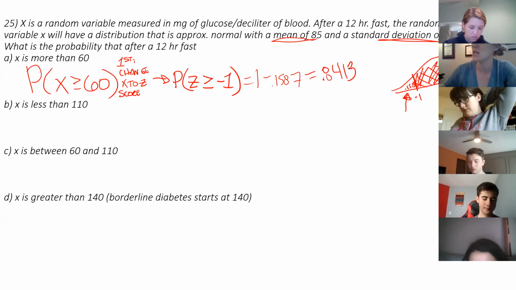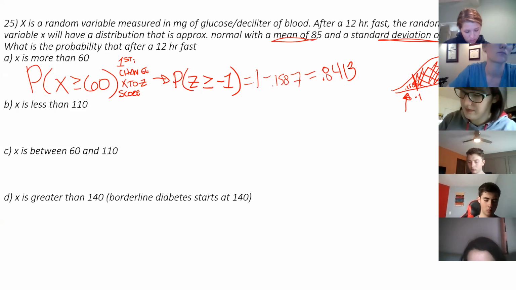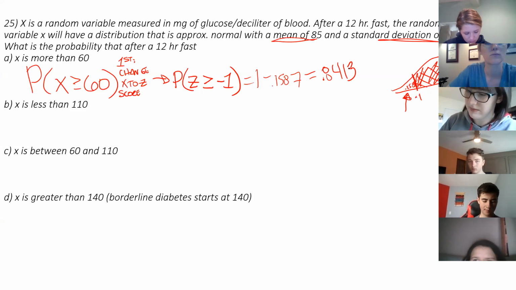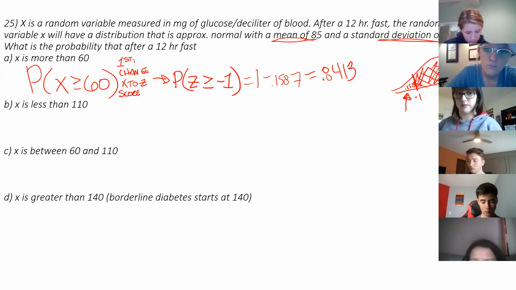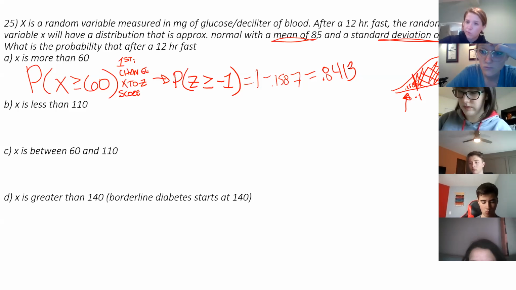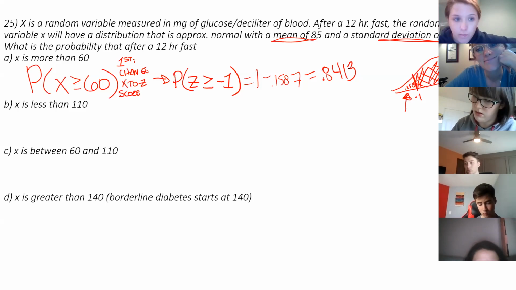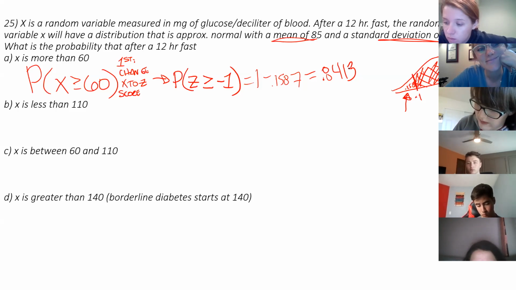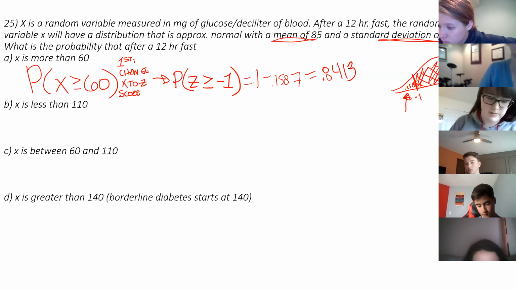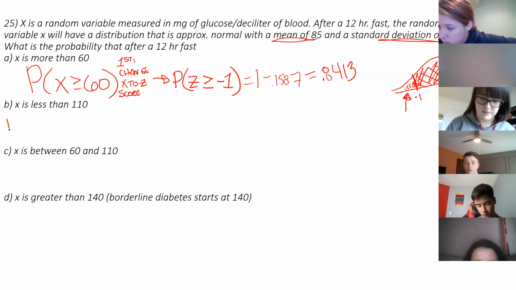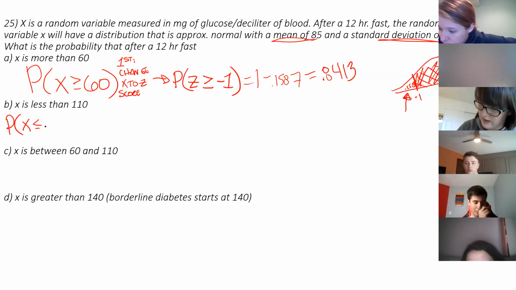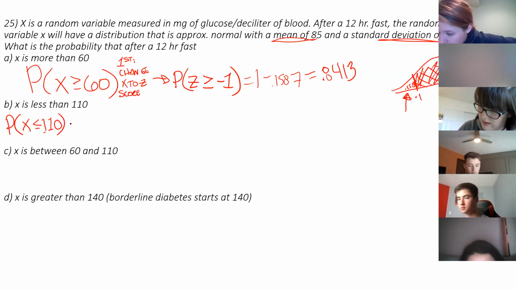Okay, how about B? We have to change 110 to a z-score, right? Love it, Izzy. Good job. And this one is less than, so right away you know, when you're doing your chart value, are you going to have to do 1 minus?